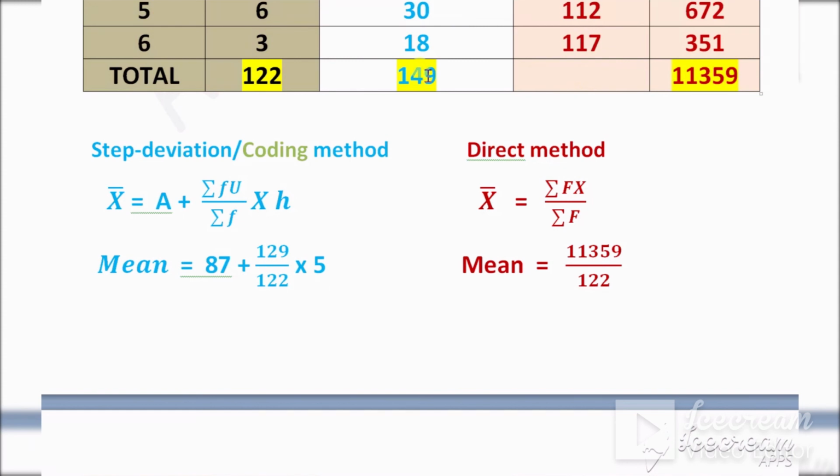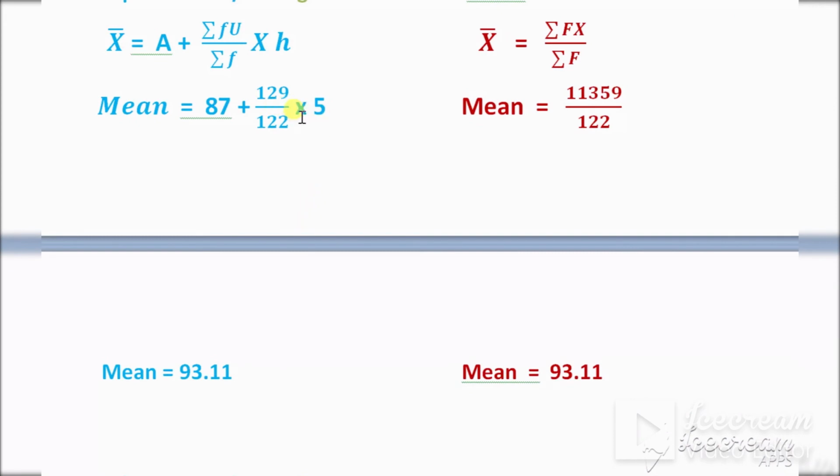This is the fu total, 149, and the f total is 122, and multiply h, which is 5. And in the direct method formula, summation fx total is 11359, and the f total is 122.